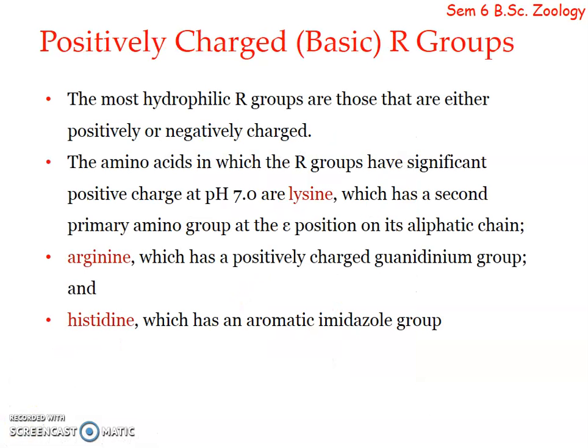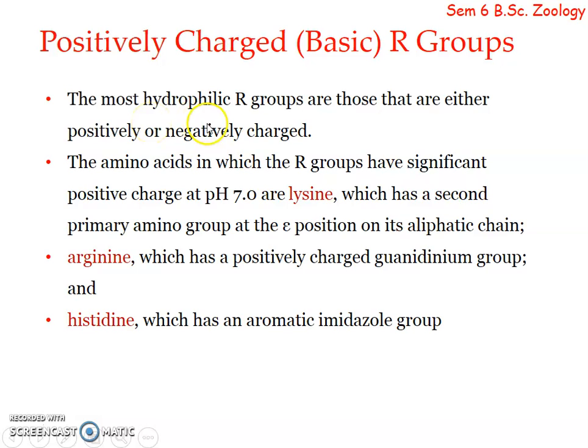Next we have the positively charged R group. Positively charged in the sense that usually we have NH3 plus and COO minus in a particular amino acid when it is in a biological medium. But if it has another NH3 plus or an amino group, obviously it becomes more positively charged. When there is an extra amino group, it is more basic also, isn't it? That is what we call positively charged basic R groups.